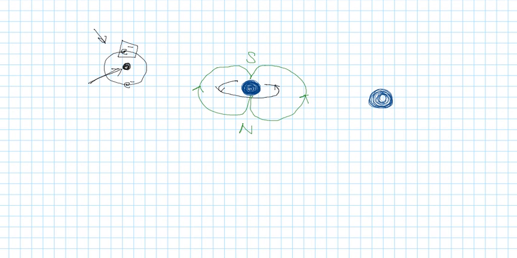Since the magnetic field is going through the electron, like so, the magnetic field's going down through the North Pole, coming back into the South Pole.